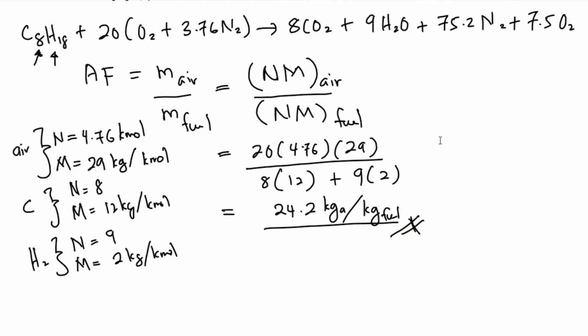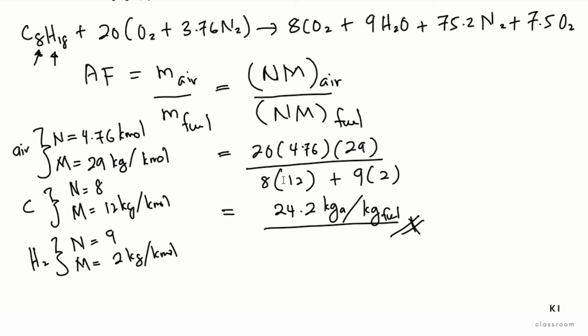Just a recap, for air, the N is 4.76. So everything at the front here, you need to multiply with that value. So for this case, it's 20 multiplied with 4.76, and the molar mass for air is 29. Next, carbon. Since the number of N is 8, this is 8 multiplied with the molar mass for carbon, which is 12 kg per kilomole.